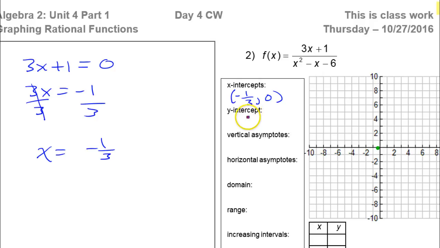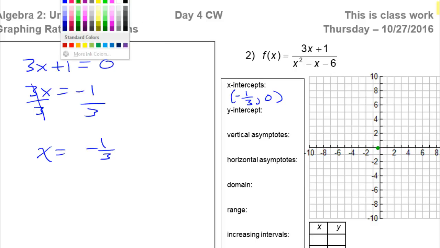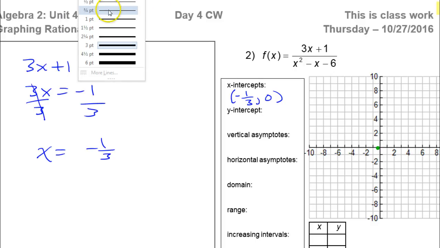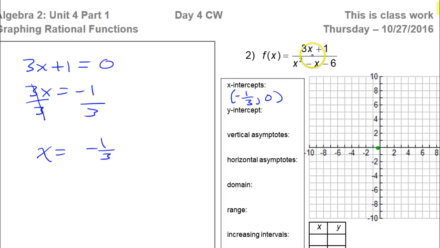If you want the y-intercept, you're just going to plug in 0 for the x's. You could do that by hand pretty easily. If you do that, then this term is gone, and this term is gone, and this term is gone.